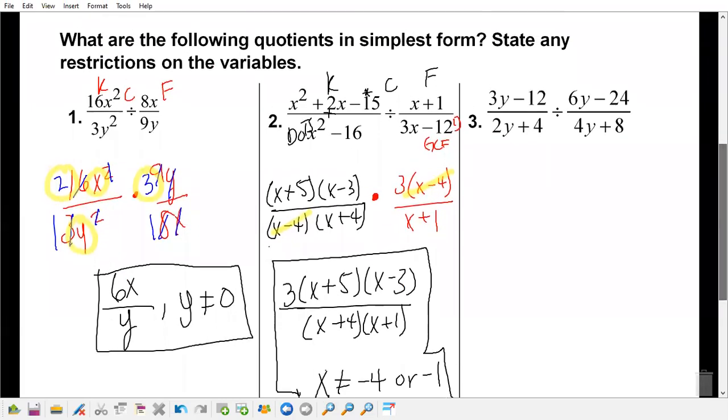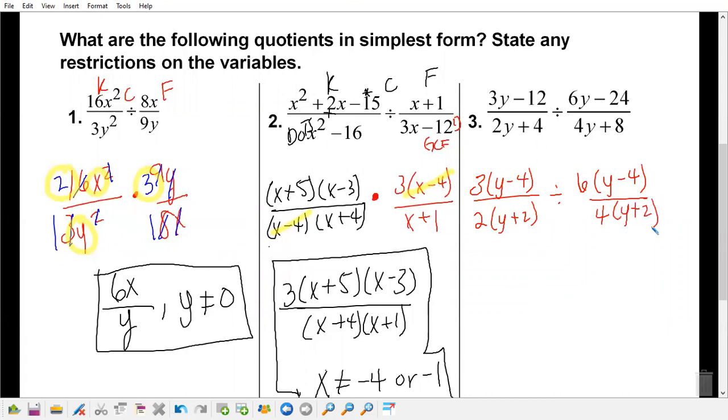Okay, on 3, what if we decide to factor and then reciprocate? So here it's just more writing in my opinion, but we'll do it. So GCF all the way around, agree? So we have 3 and we have y minus 4. We have 2 and we have y plus 2, divided by 6, which leaves us with y minus 4, and we have 4, which leaves us with y plus 2.